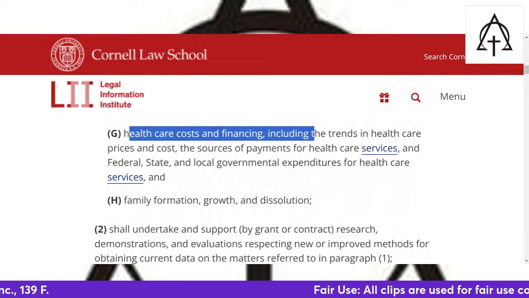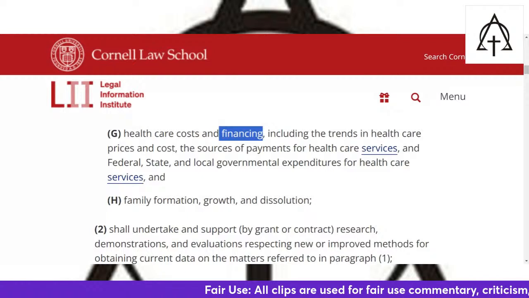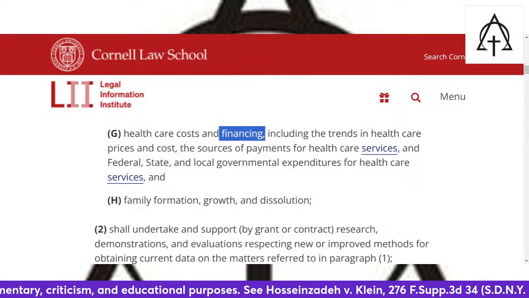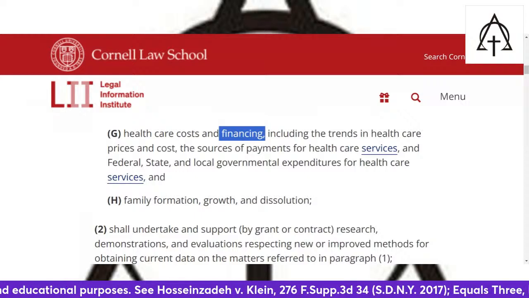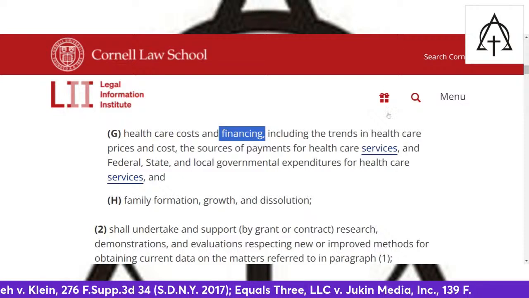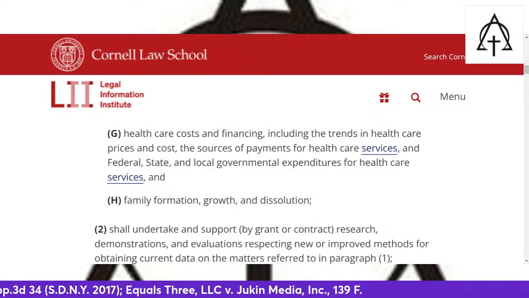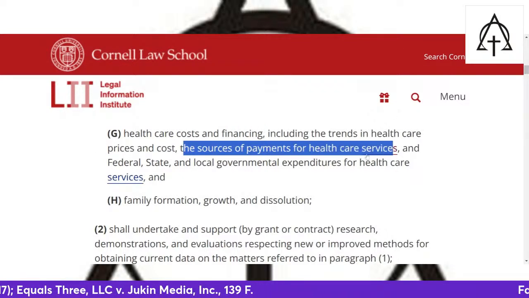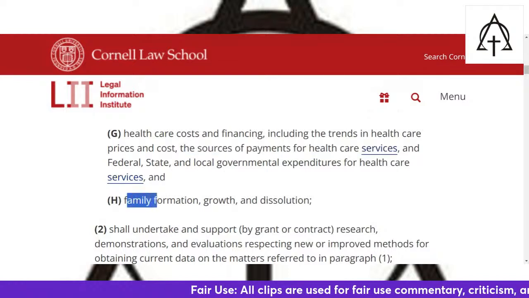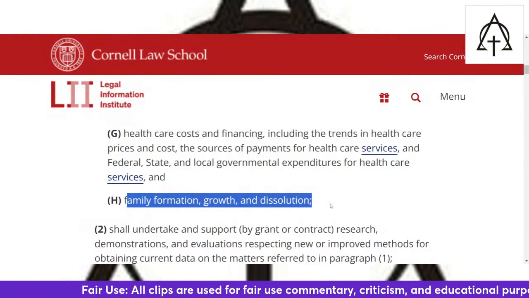Healthcare costs and financing. Healthcare costs and settling of those costs. Learn these terms so you can recomprehend what this is saying so you can help them out, as well as help yourself, of course, including the trends in healthcare prices and costs, the sources of payments for healthcare services, and federal, state, and local governmental expenditures for healthcare services, and family formation, growth, and dissolution.